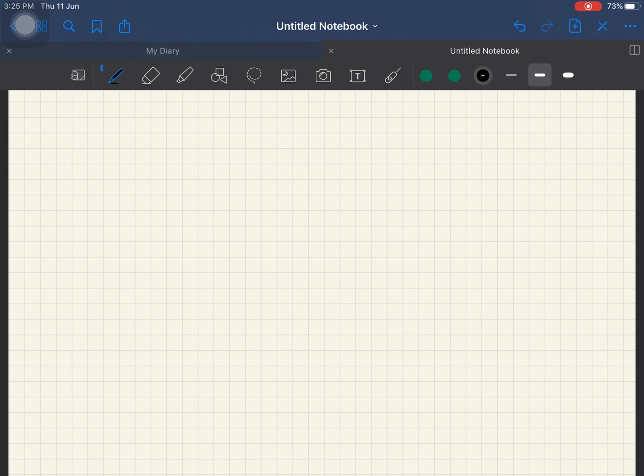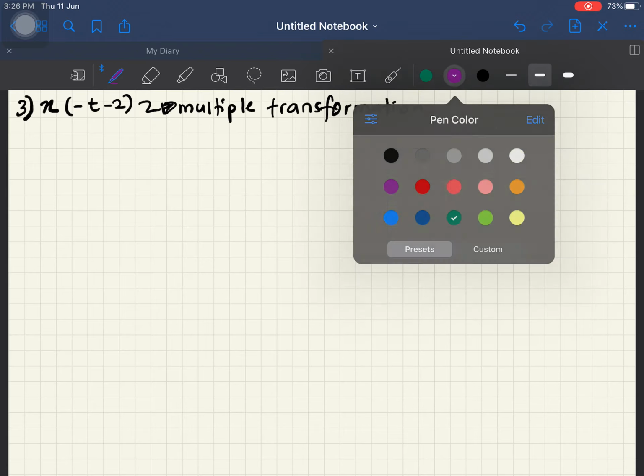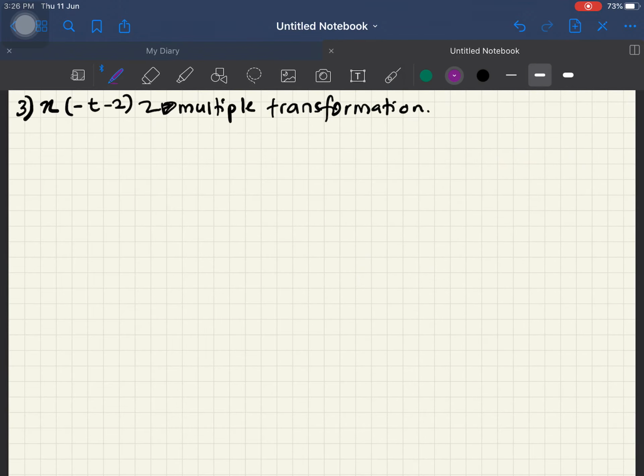Now let's look at the third transformation, which is x of minus t minus 2. So again, this is a multiple transformation, and similar to the one before, you can actually solve this using two methods.